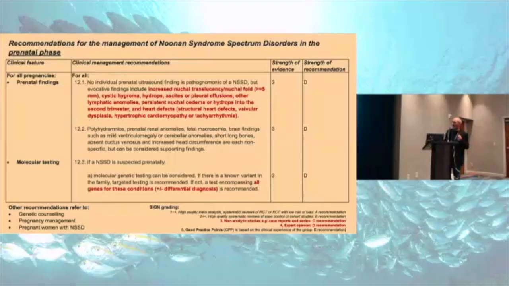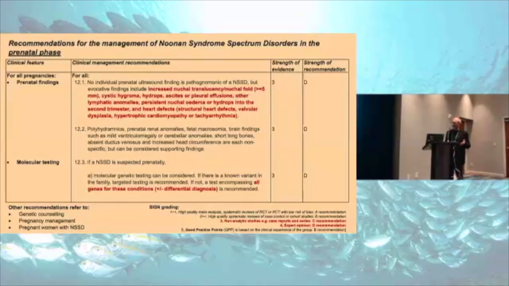I want to say only a few words on the increased nuchal fold. So isolated increased nuchal translucency or nuchal fold can be used, but it must be above 5 millimeters. Persistency of nuchal edema or hydrops are very important as well. Polyhydramnios, prenatal renal abnormalities and fetal macrosomia are also findings.